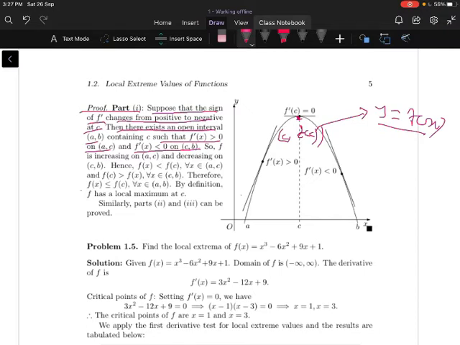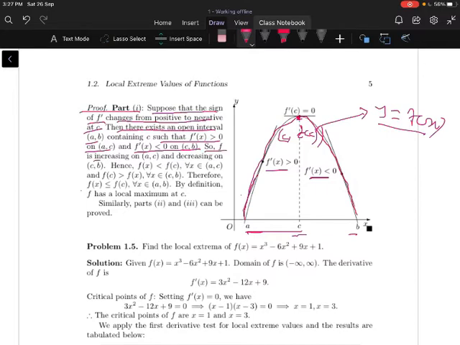You can see from the figure, for the interval a comma c, f dash of x is positive. It means the function f is increasing for the interval a comma c. For the interval c comma b, f dash of x is negative. It means the curve is decreasing for the interval c comma b.